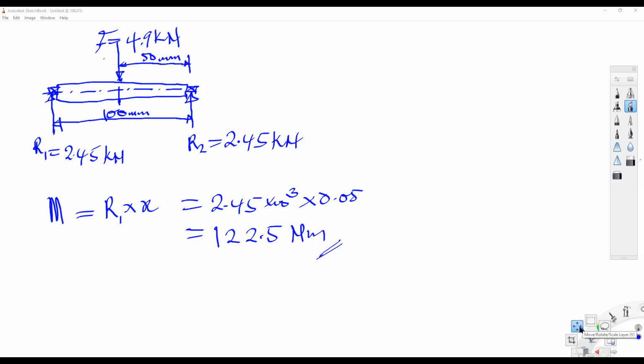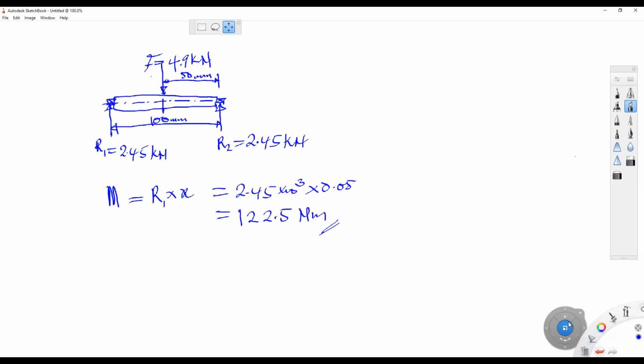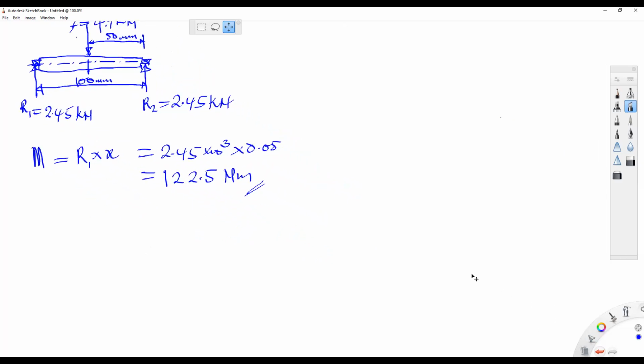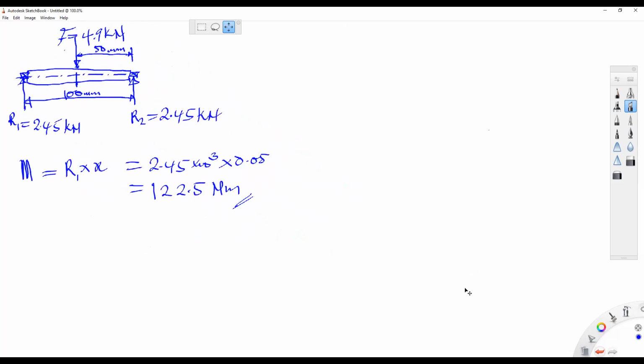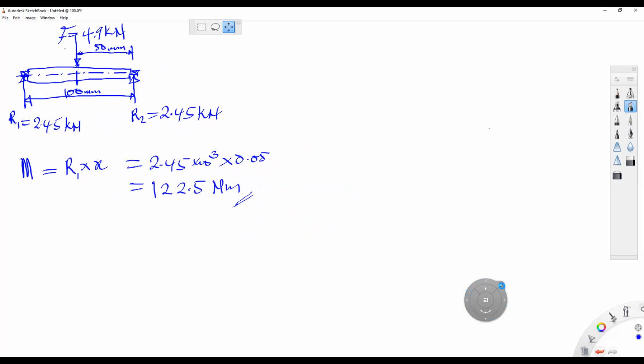And if we have the bending moment at the center to be that, what will be the bending stress? Bending stress is equal to what? Sigma B is equal to My over I. Do you remember?